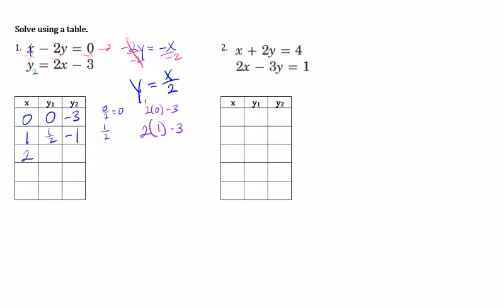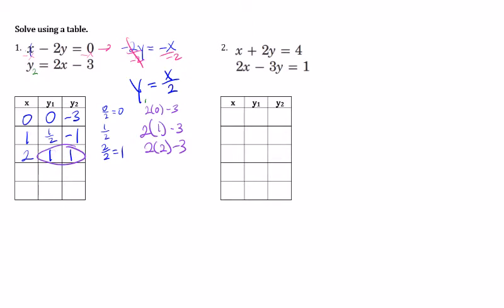So then I'm going to plug in 2. So I would get 2 over 2 here, which is 1, right? And then let me put that in here. And so for the y2, we would get 2 times 2 minus 3. So that's 4 minus 3, which is 1. So here we got a match, right?